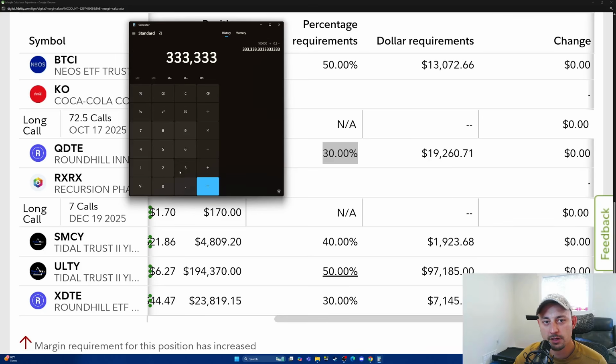Am I doing my math correct? So 333 times 0.7 plus 100. Yeah, that sounds about right. So that means that $233,000 I would be able to margin. Now, again, if it drops down, I'm at risk of getting a margin call.